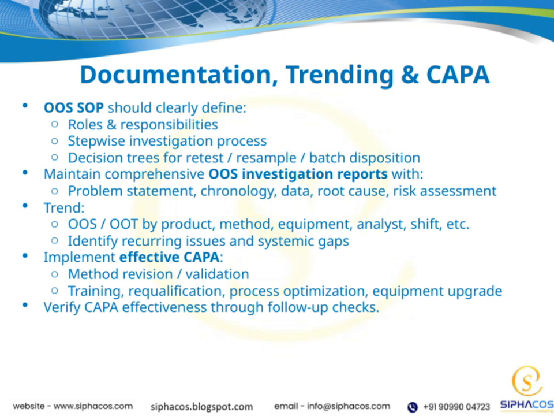Equally important is verifying the effectiveness of these CAPAs through follow-up checks, ensuring that the issues don't recur. Finally, I want to highlight that thorough documentation, trending analysis, and CAPA follow-up are essential to maintaining quality and continuous improvement. These practices help us not only resolve individual issues, but also strengthen our overall system to prevent future occurrences.